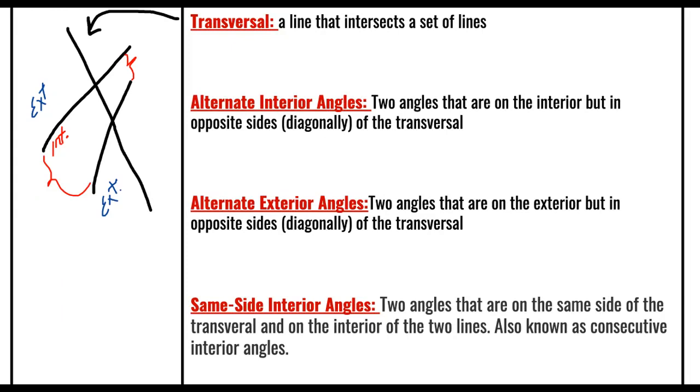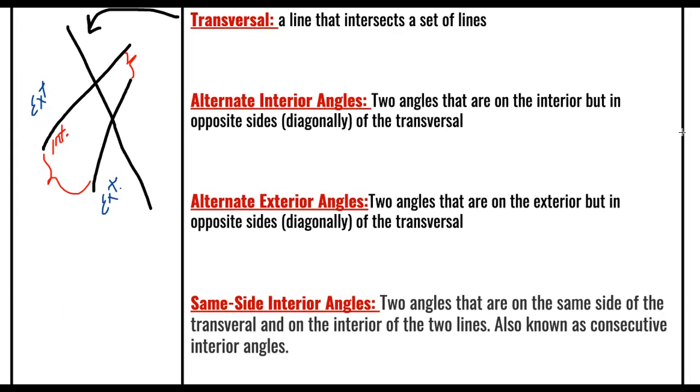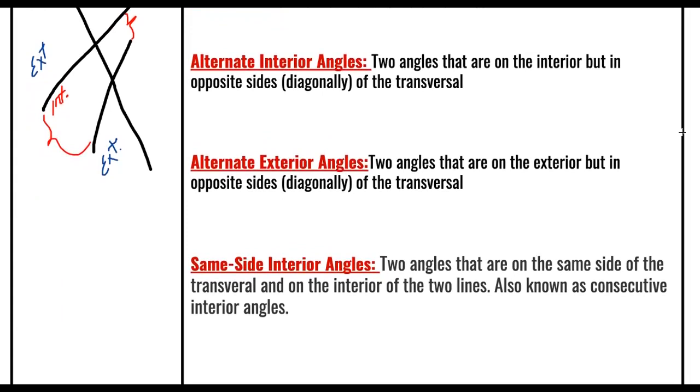Then alternate exterior angles, kind of similar. These are two angles that are on the exterior, but also opposite each other diagonally of the transversal. Next up, we have same side interior angles. This is a pair of angles, two angles that are on the same side of the transversal, like as in left side, right side, top side, bottom side.